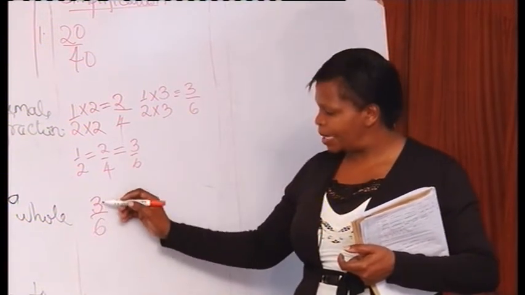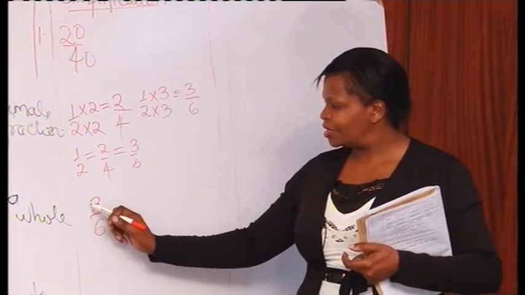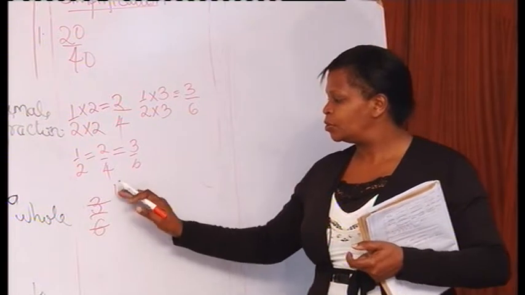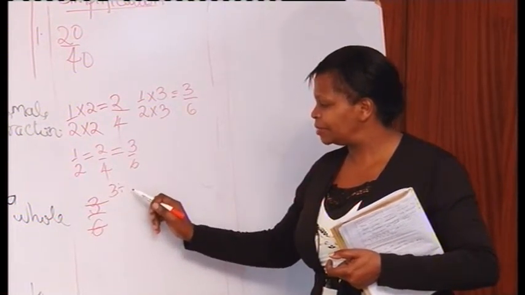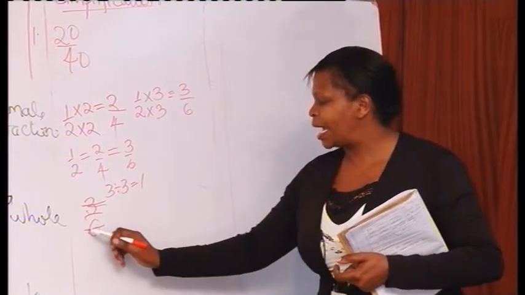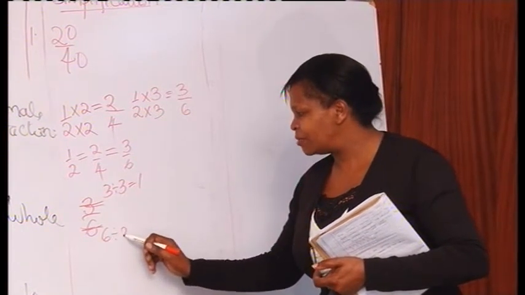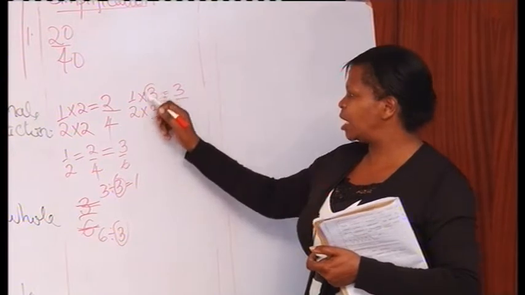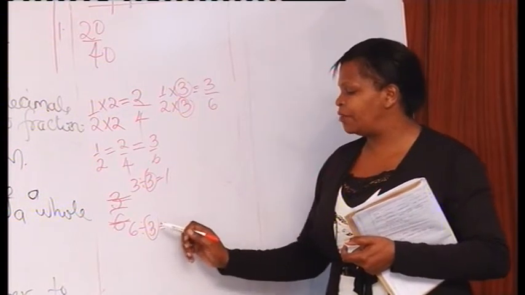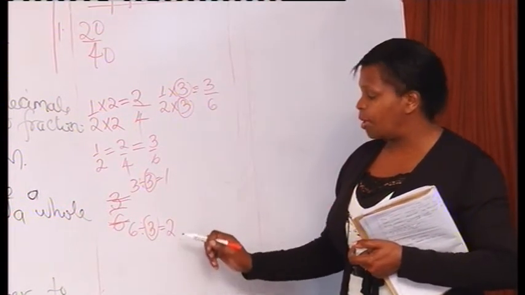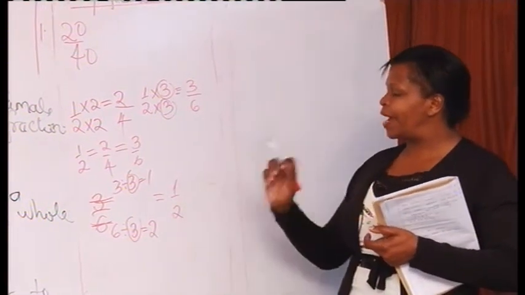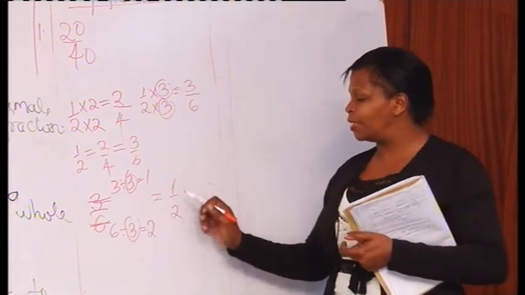Here I do 3 divided by 3 by cancelling, and I'll get 1. And here I'll do 6 divided by 3, because my common factor, which I used to multiply with, is 3. So when I divide 6 by 3, I'll get 2. Meaning I've come back to where I started. So when I simplify 3 over 6, I'll get 1 over 2.